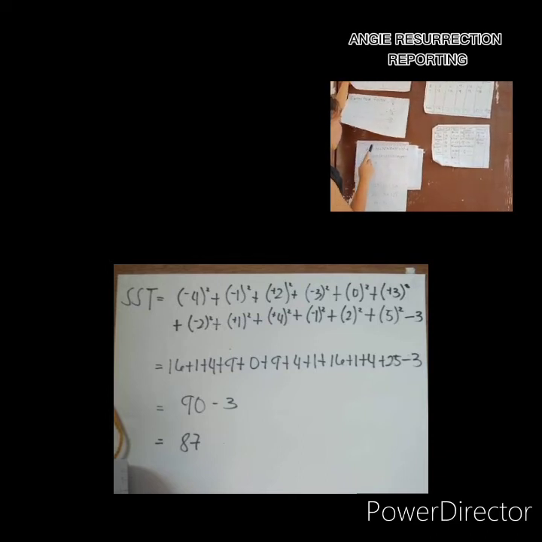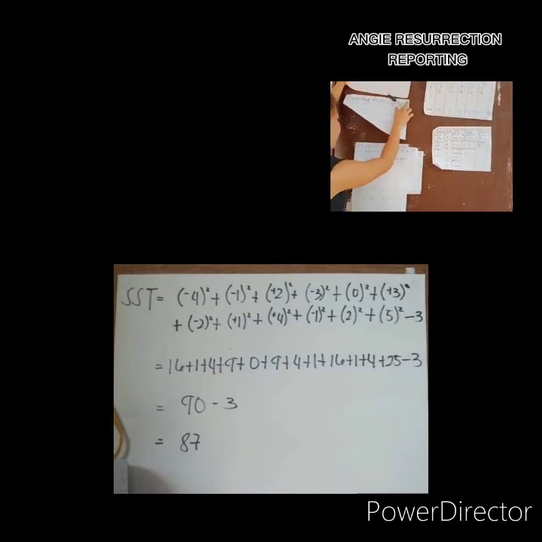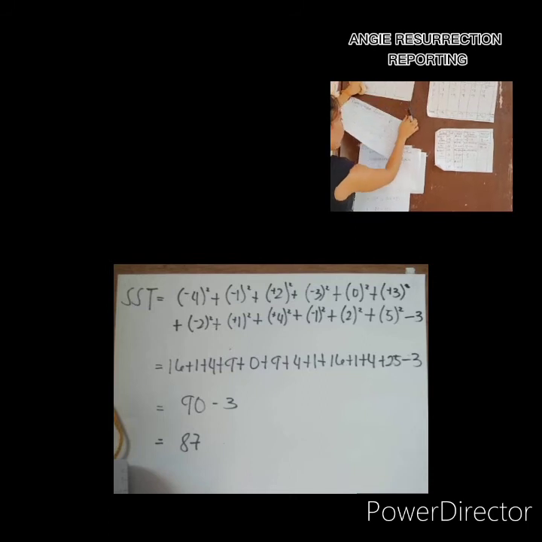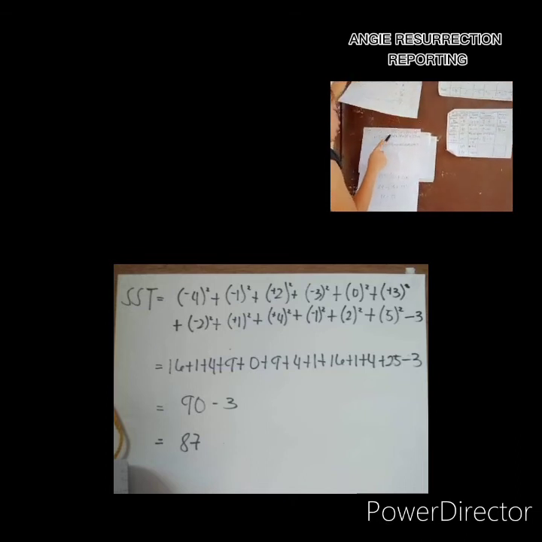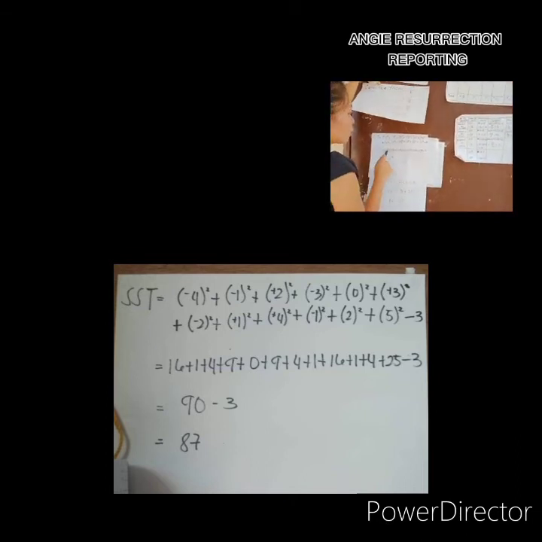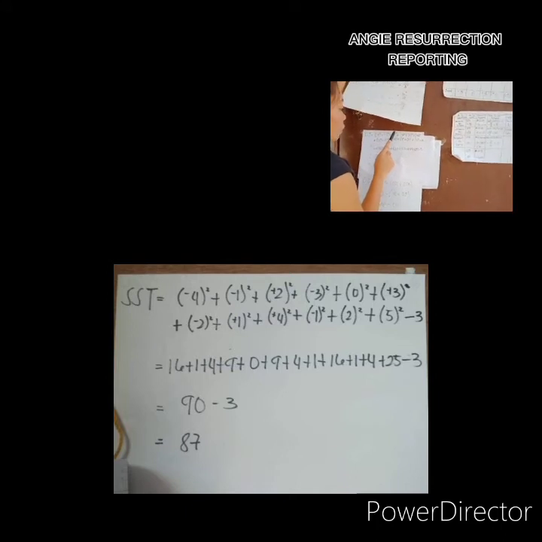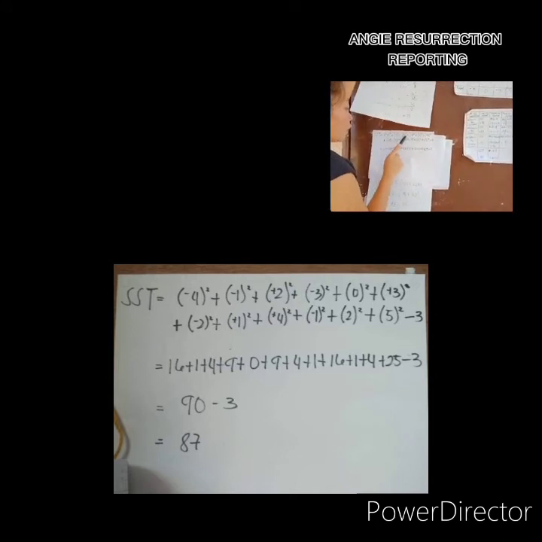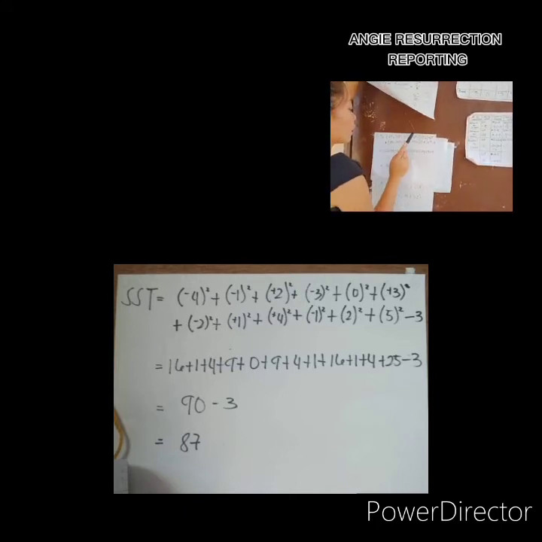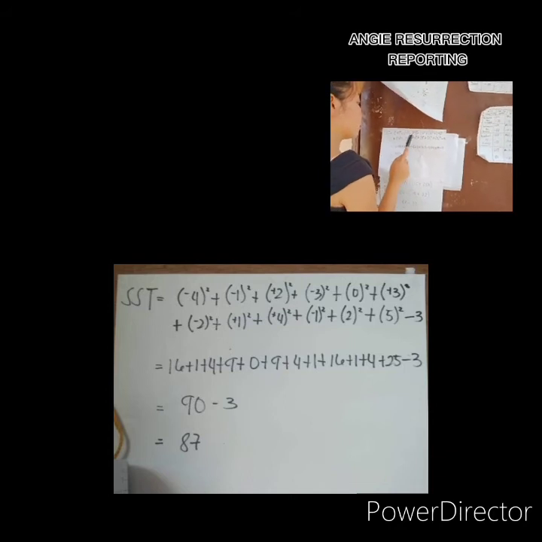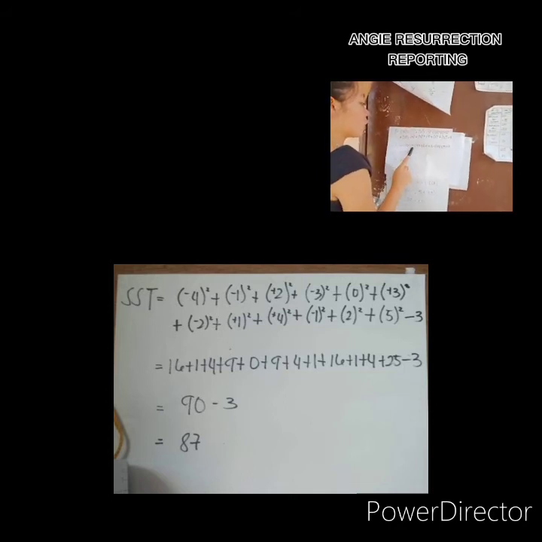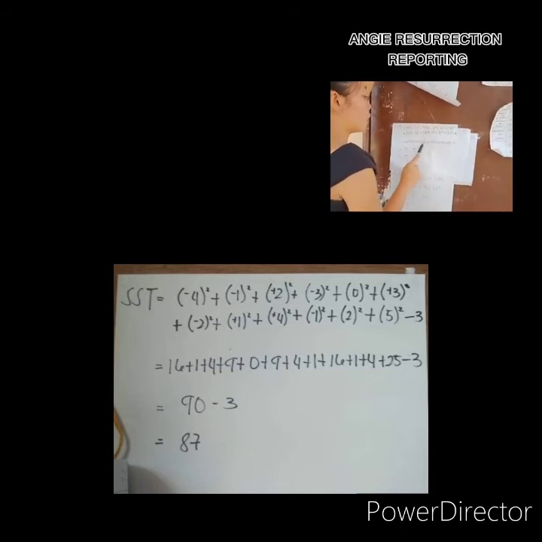So total: 4 times 4 is equal to 16. 1 times 1, plus 2 times 2 is equal to 4. Minus 3 times minus 3 is equal to 9. 0 times 0 is equal to 0. 3 times 3 is equal to 9.